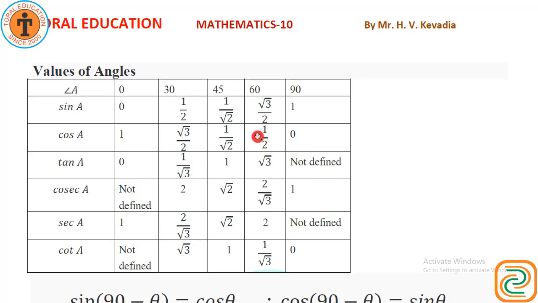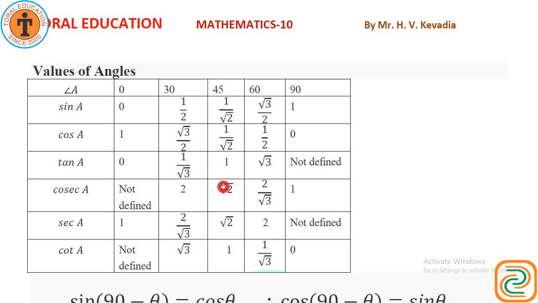These three are given, and now the reciprocal of sin is cosec. 1 upon 0 is not defined. Reciprocal of 1 upon 2 is 2.